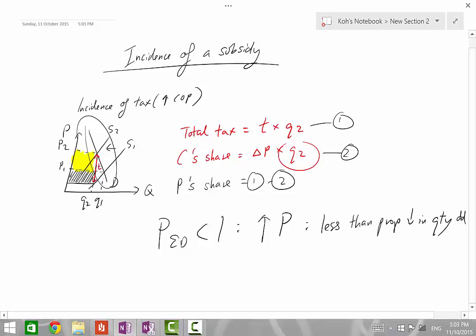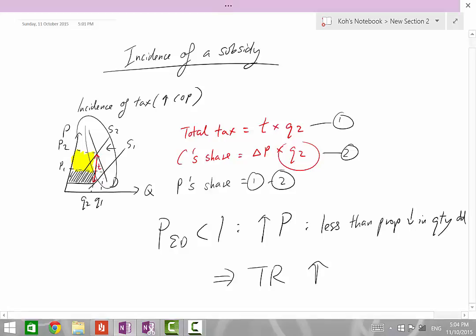But please do not conclude that as a result total revenue increases, because some students are inclined to see that before a tax this is the total revenue, and after a tax the total revenue seems to have gone up.